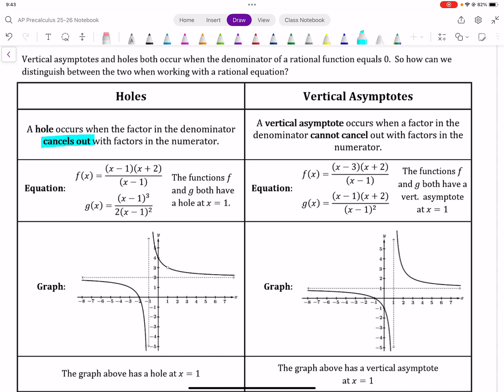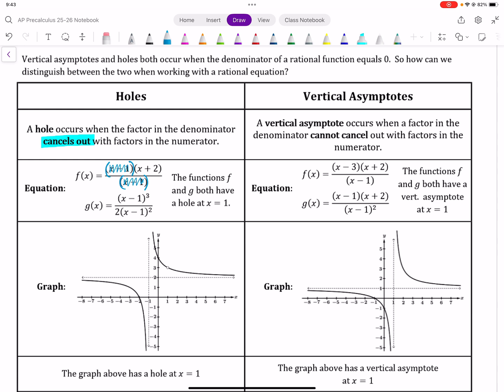So essentially, I can get rid of this x minus 1 for f of x, which then creates a hole in my function, and we have a hole in the graph at x equals 1.